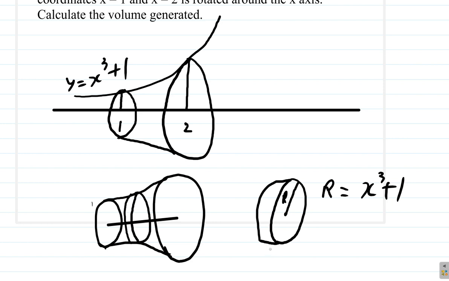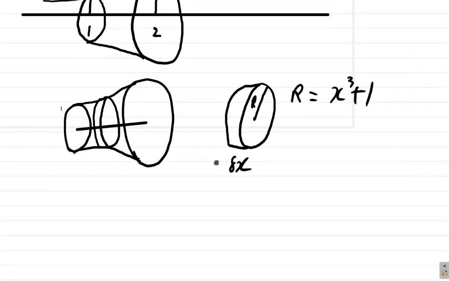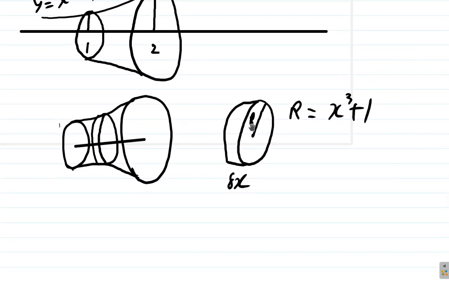And the height, well, in this case, the width, let's call it delta x. Now, you make this narrower and narrower, so delta x becomes less and less.